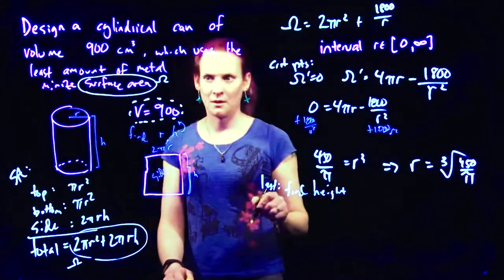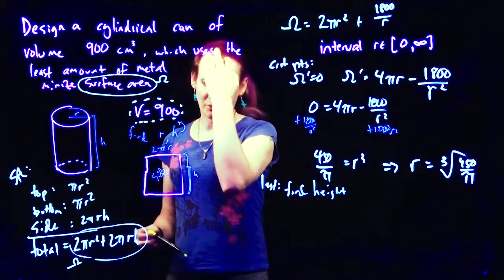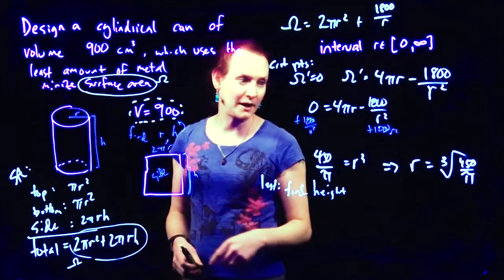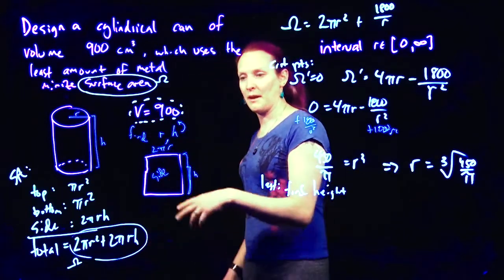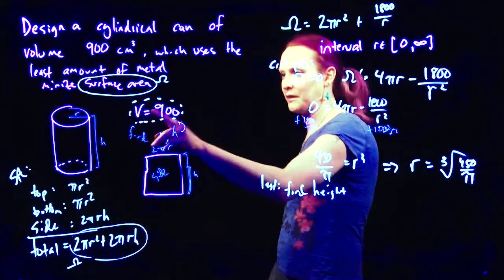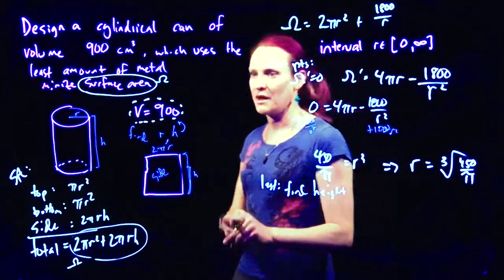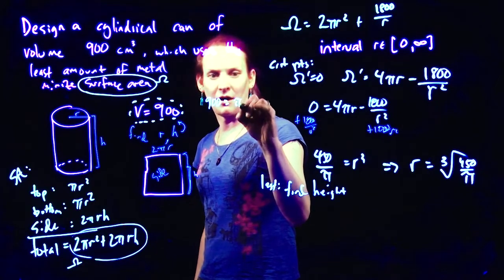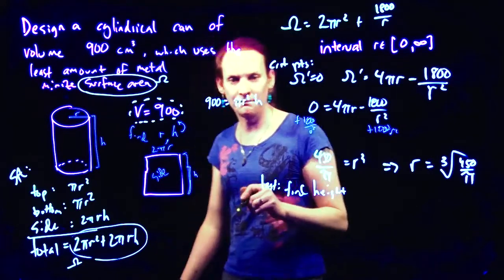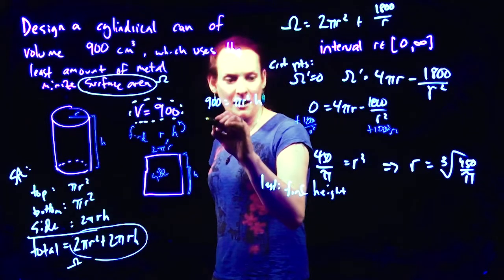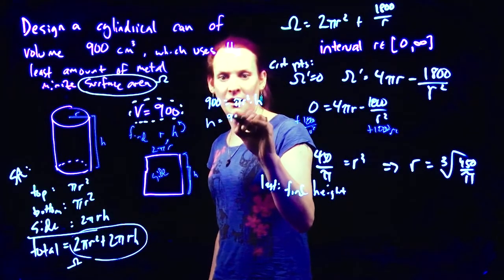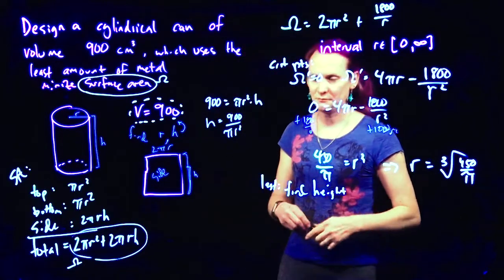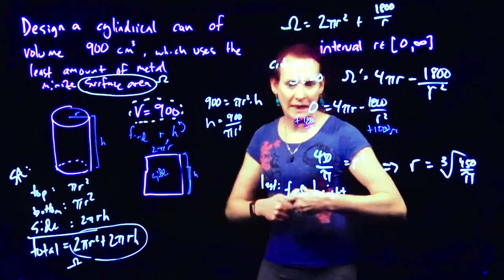I think we're going to need the volume relationship again because we know the radius, but I don't know the height, and the thing that couples those two things together is this 900. Recall that 900 was equal to pi r squared times h, which means that h is equal to 900 over pi r squared.